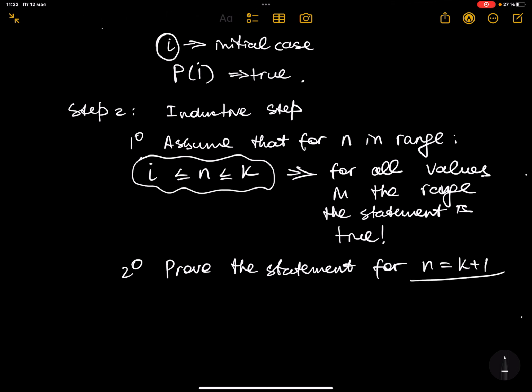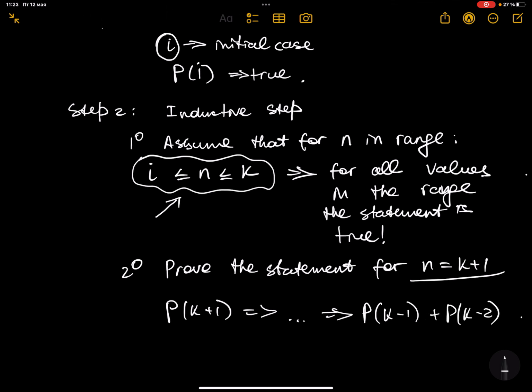You may ask why we should assume not just k but this whole range. Sometimes you may also need the values of previous elements while proving the k plus 1 case. Assume that you are proving the k plus 1 case, and somehow in the expression you have the term k minus 1 and plus k minus 2.